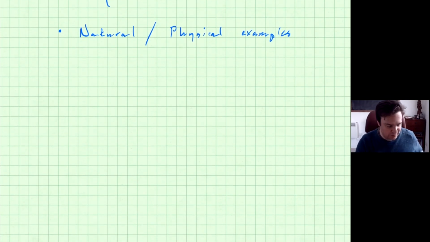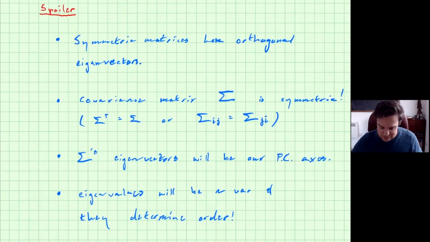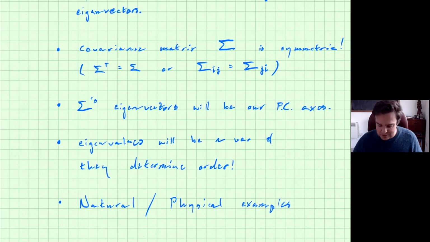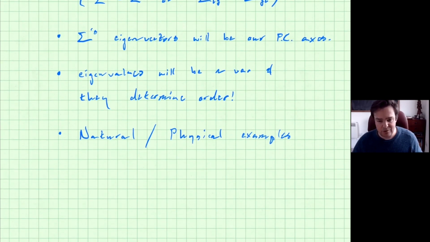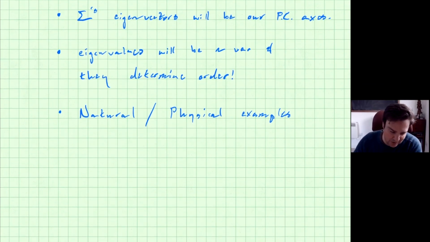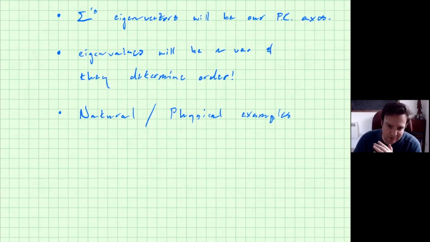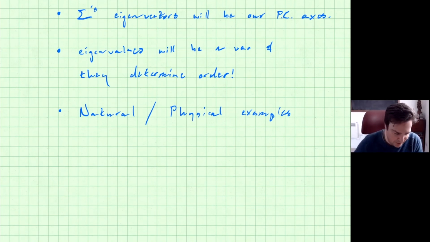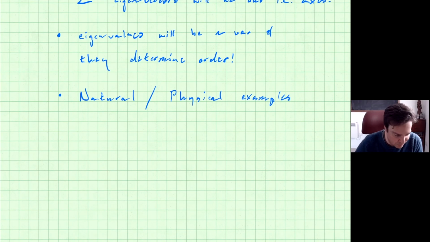I don't know that you would hear physicists talk about principal component analysis per se, but this idea of having eigenvectors that determine the principal axes and ordering these axes in such a way that you can decide which things to ignore comes up in a lot of different physical examples, and I'll just tell you two that I think are kind of interesting. So there's something called the inertia tensor.